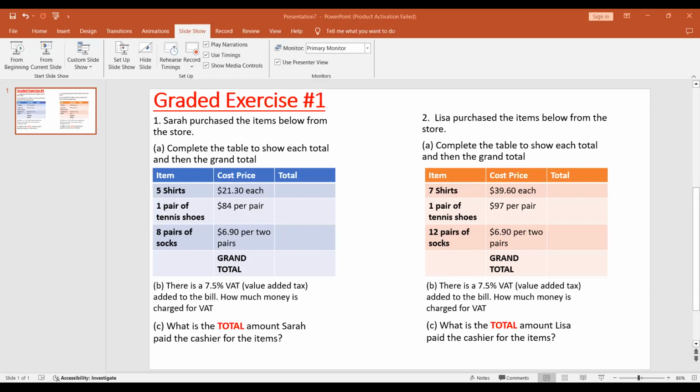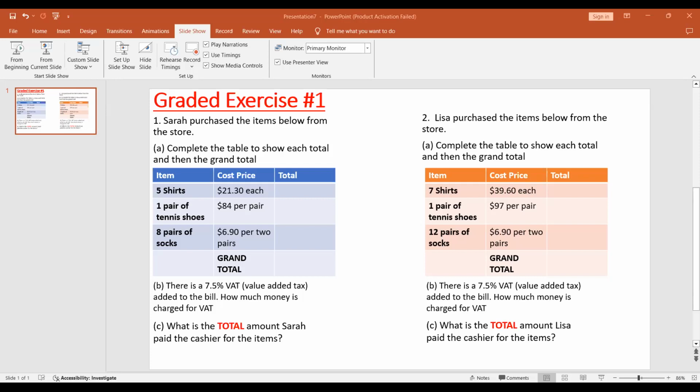All right. Amari, what number are you on? 1B, sir. Akira, what number are you on? Where's Akira?